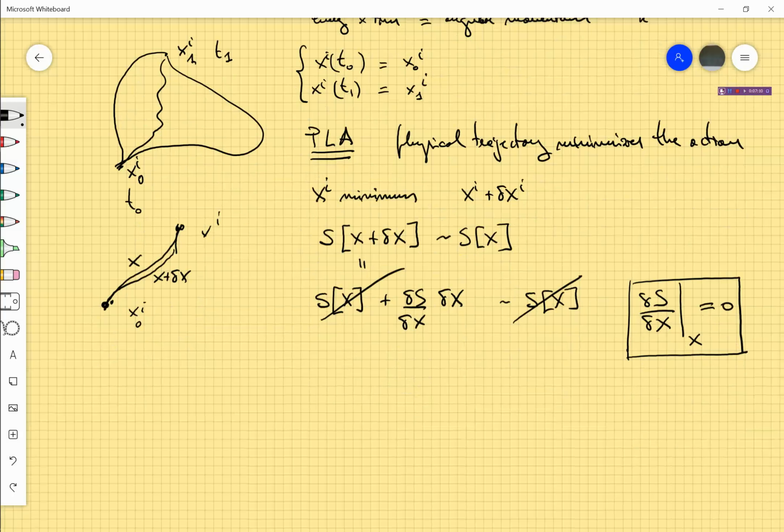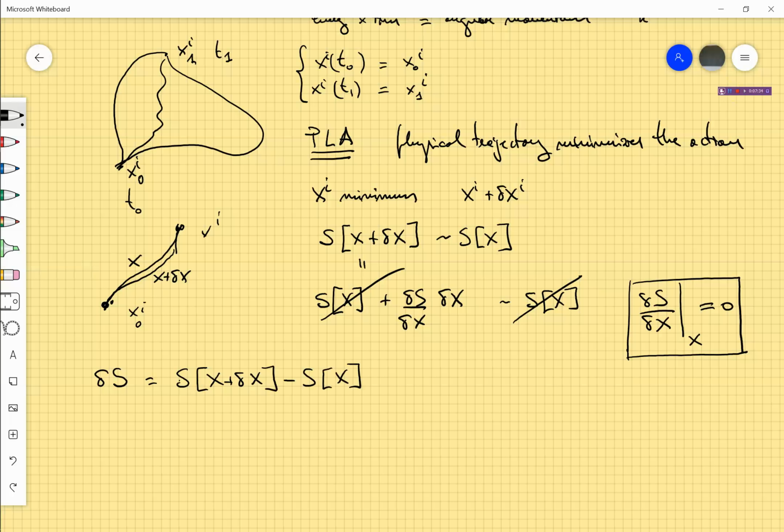Well, I will compute delta of S. Okay, so what is delta of S? By definition it is S evaluated at x plus delta x minus S evaluated at x. But in practice, you see this is similar to taking derivatives.